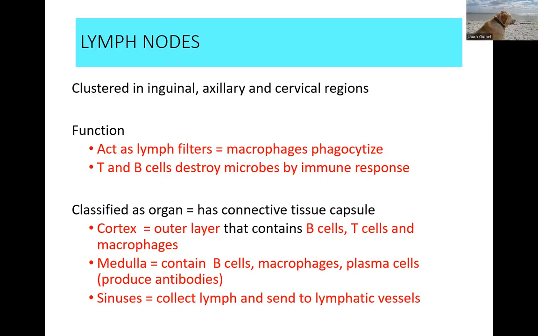There are somewhat different percentages of populations in the cortex versus medulla, but pretty much the same cells can be expected to be found there. B lymphocytes, T lymphocytes, macrophages, and in the medulla we have more B cells, not as many T cells really, macrophages, and the plasma cells are the B lymphocytes that are producing antibodies. Then you have the sinus region in a lymph node that collects lymph and sends it to the lymphatic vessel.